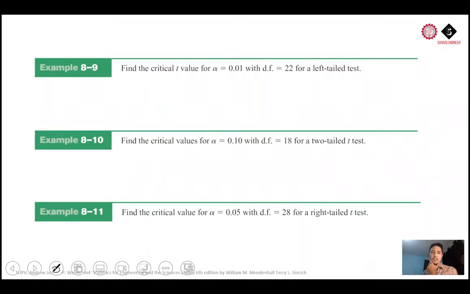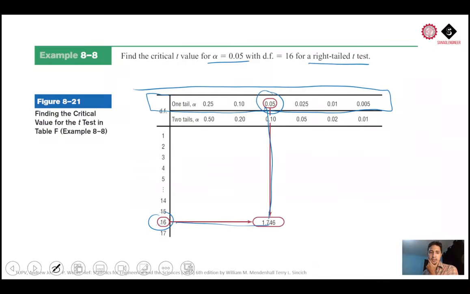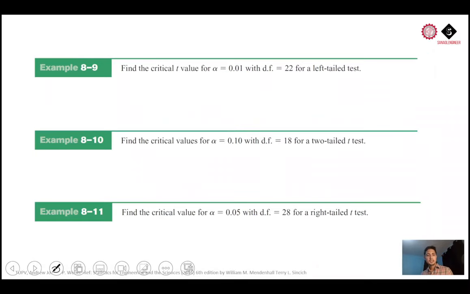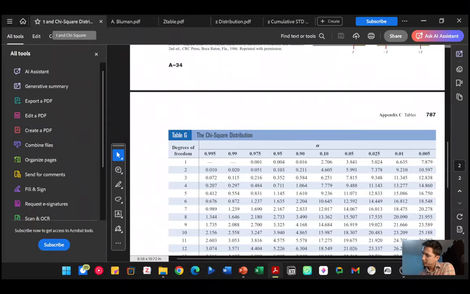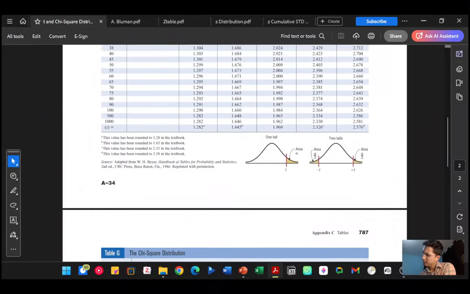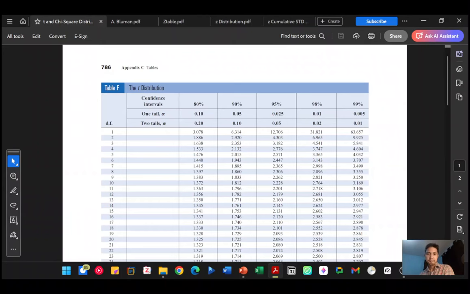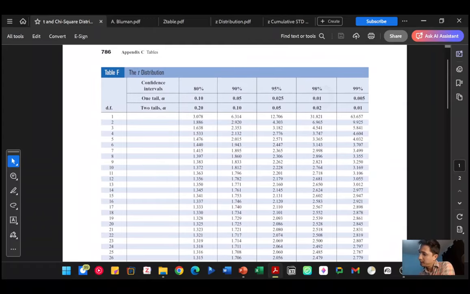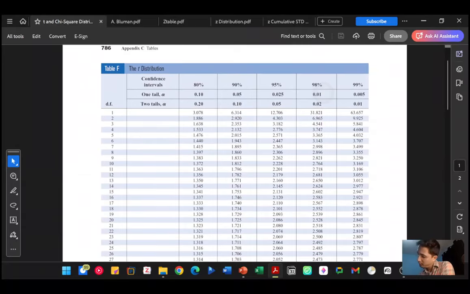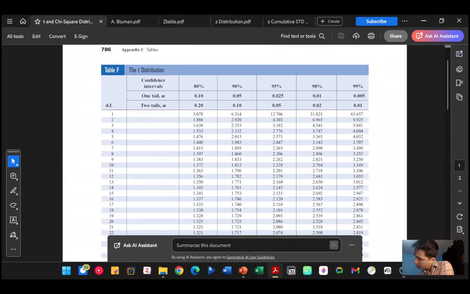22 is not visible here. So the t value for alpha 0.01, so this is 0.01 in here, and the df is 22.